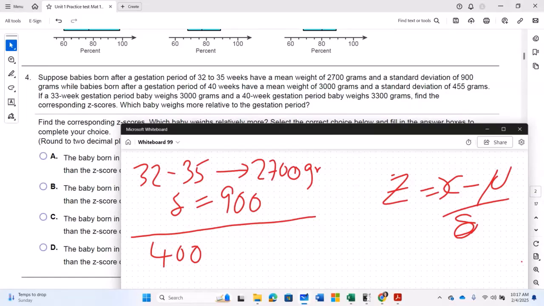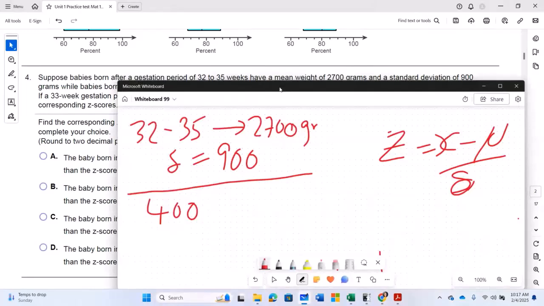So this question is saying that we need to find the z-score. Of course, you cannot compare the babies because you need to know the z-score.